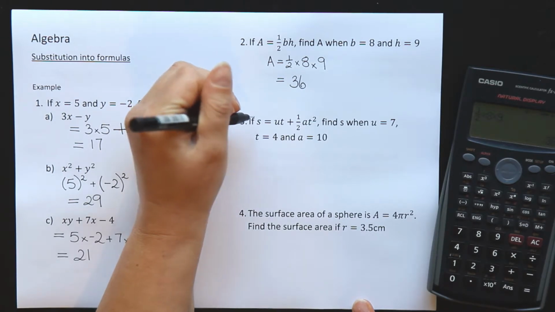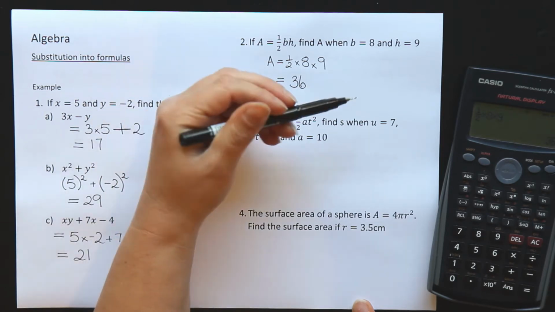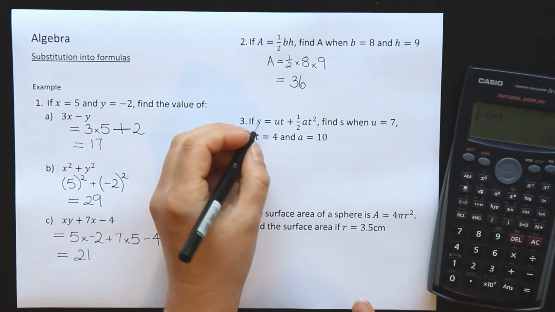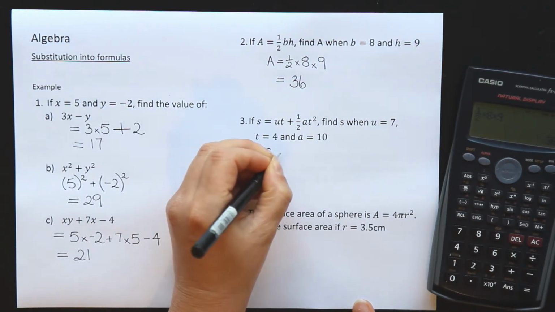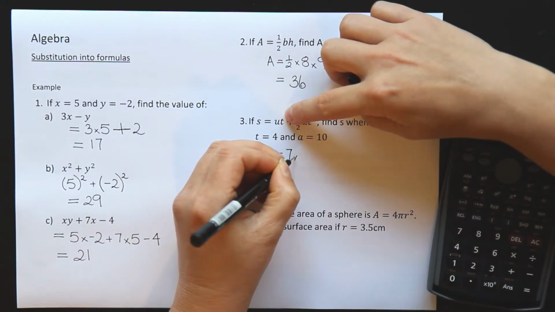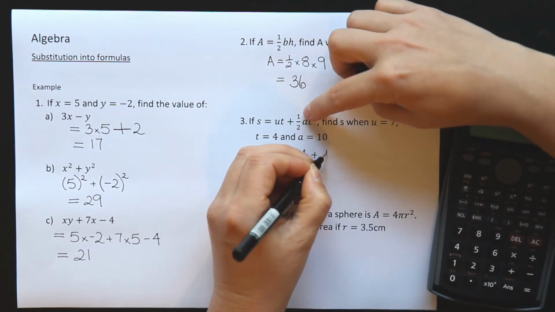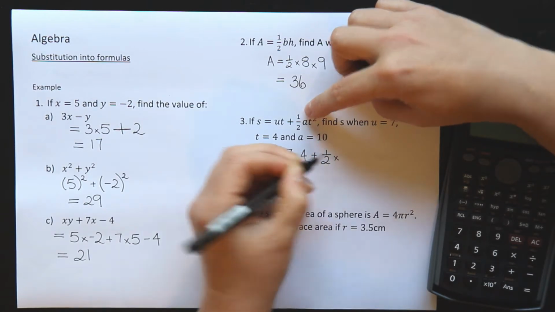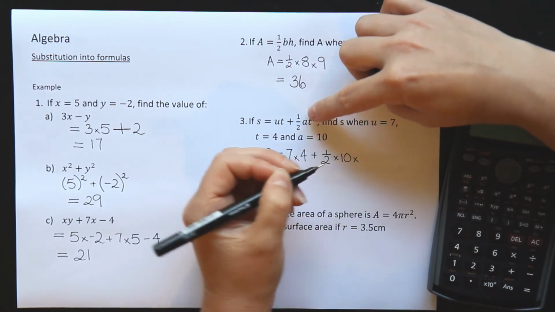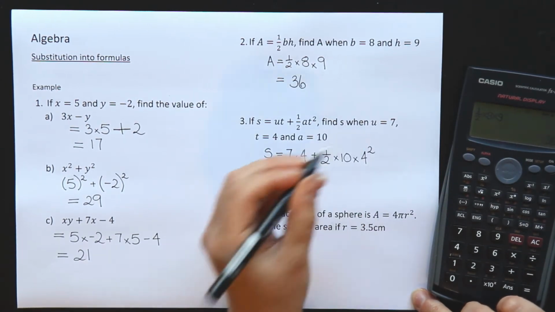Question 3. If S equals UT plus half AT squared, find S when U equals 7, T equals 4, and A equals 10. So substituting into that formula, we have S equals, now we follow along, I have UT, U is 7, times T, which is 4, okay, then plus half times the A, which is 10, times T squared, T is 4, so it's 4 squared.